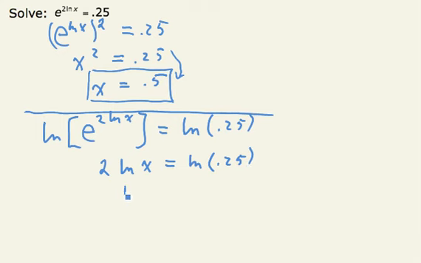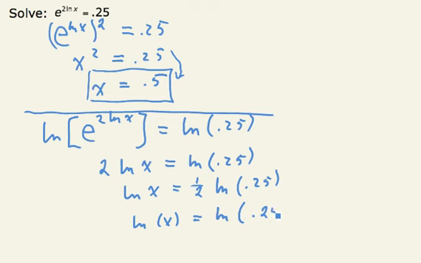If I divide both sides by 2, the natural log of x equals 1/2 the natural log of 0.25, or natural log of x is the natural log of 0.25 to the 1/2 power.